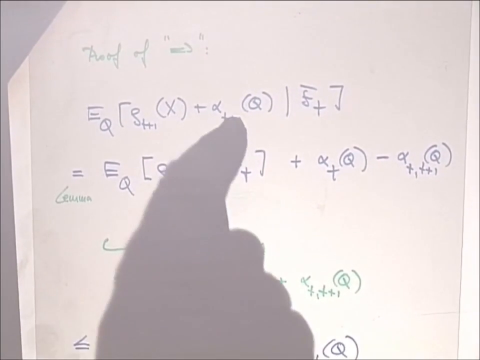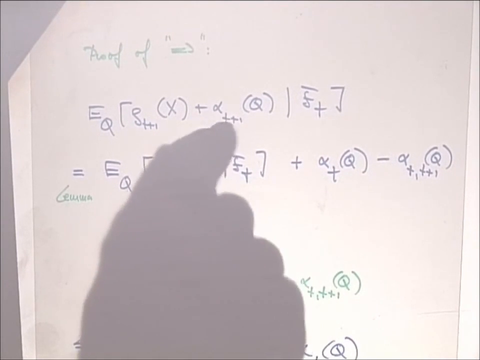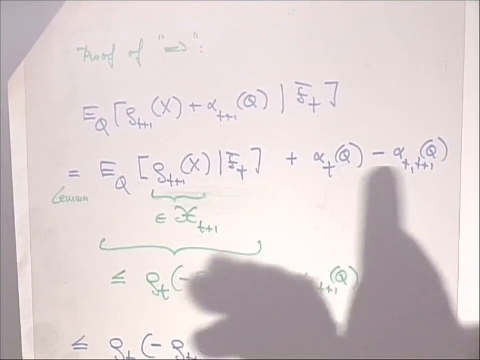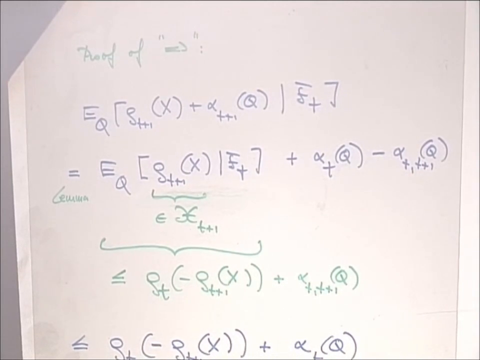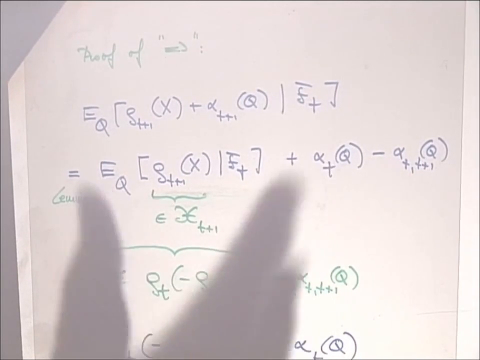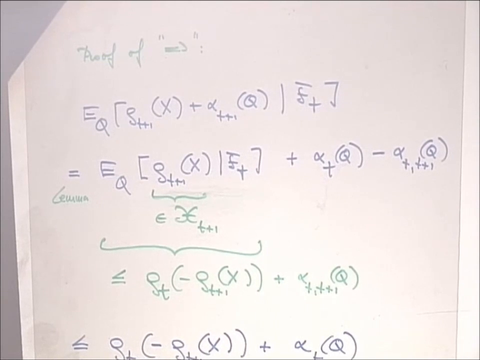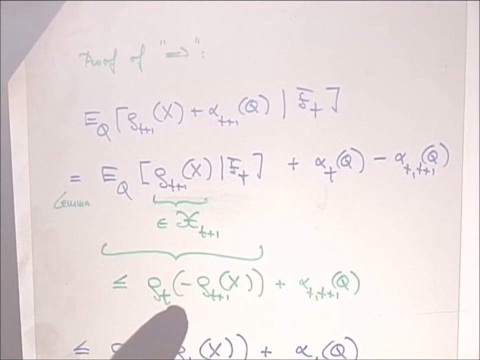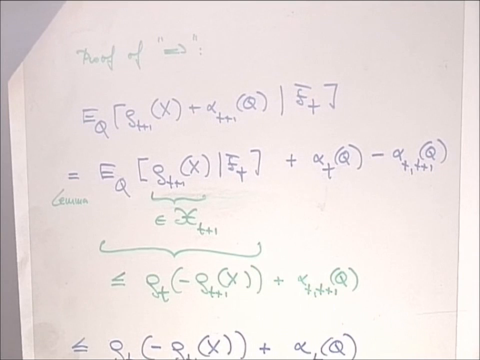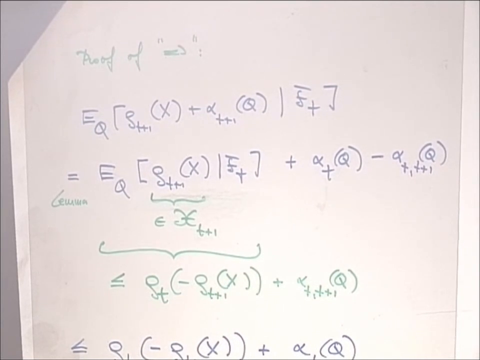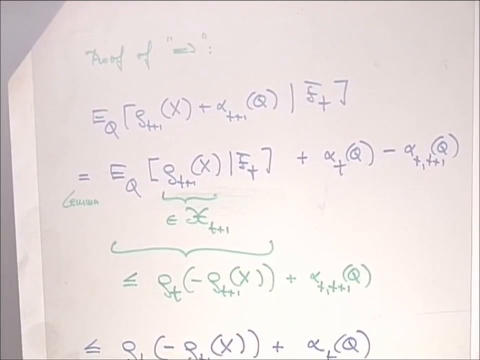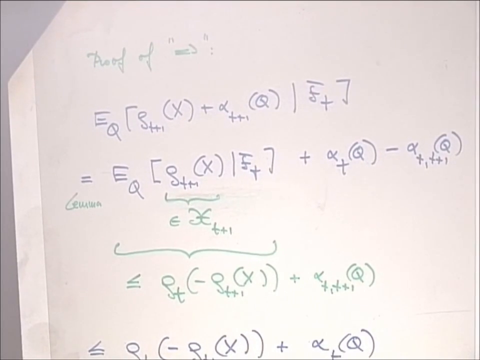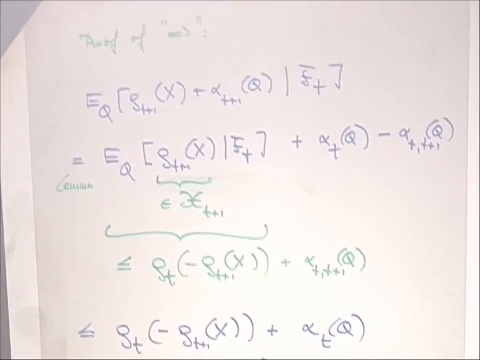By the lemma, we can rewrite the conditional expectation of this as a difference of these terms, and then pulling these terms together, we get this estimate here, and by time consistency, we can replace it by this. And this is exactly the Q supermartingale property for the combined process.